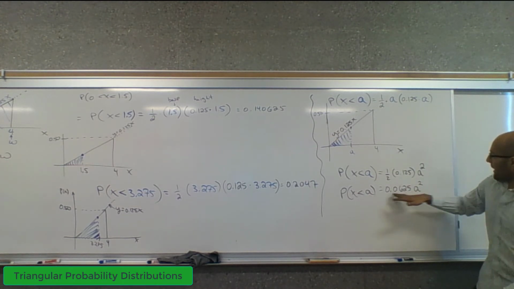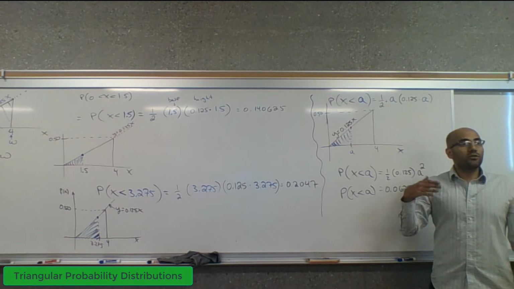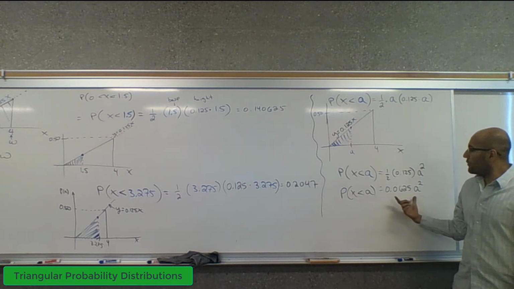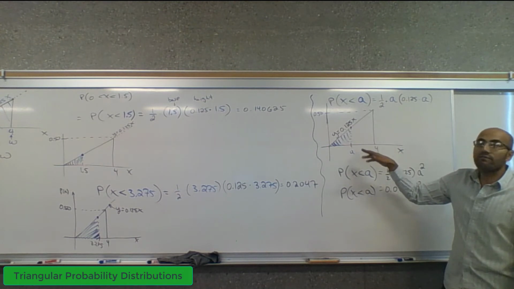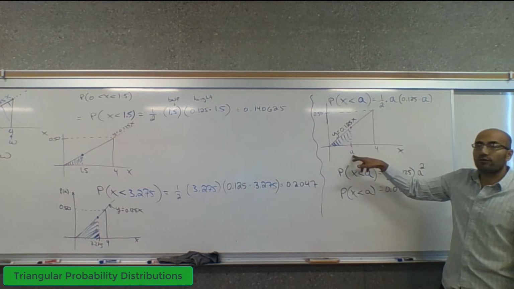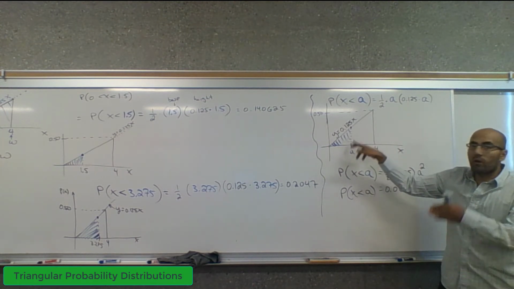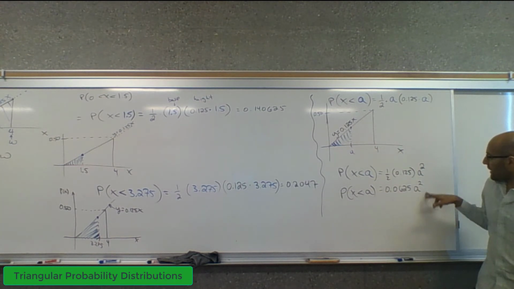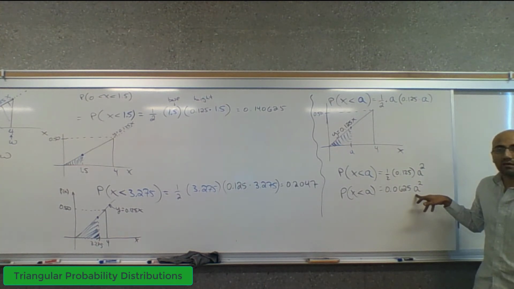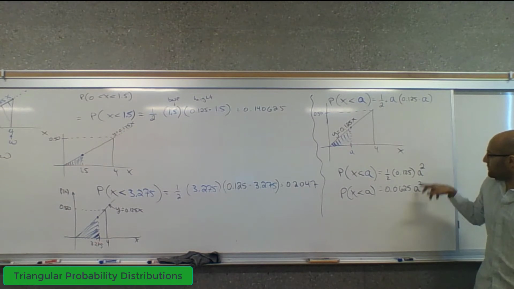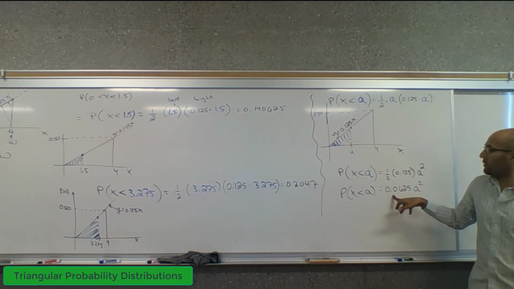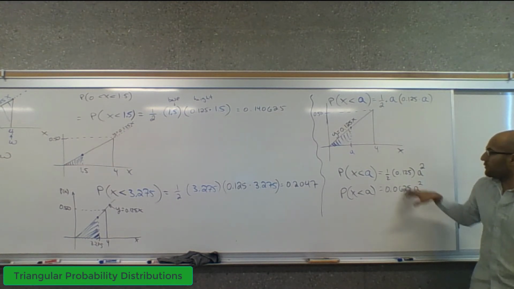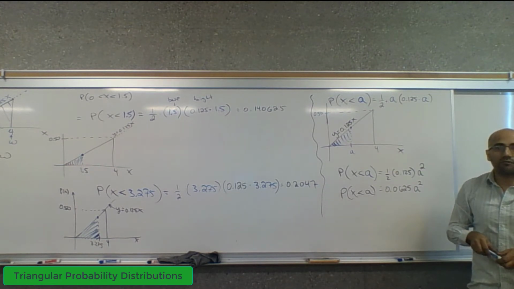Good. So now that we have that nice little shortcut, we can use our calculators to find probabilities for lots of values of A. When A is 1 or 1.2 or 7.5, because it turns out all I have to do is just replace A here. Whatever A value you give me, I'm going to square it and multiply it by this decimal, 0.0625, and it'll automatically give me the result that I'm looking for.